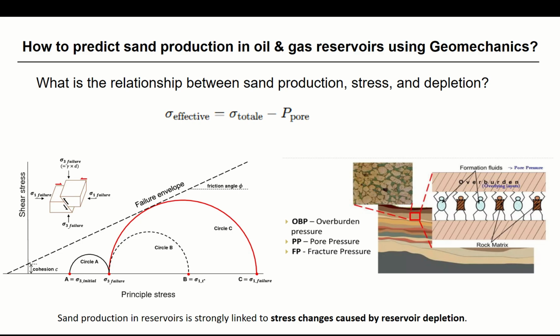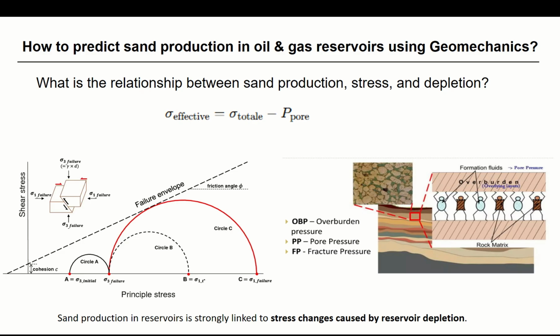In weakly cemented or unconsolidated reservoirs, this stress increase leads to grain rearrangements, which leads by itself to microfracturing and loss of cementation, progressively weakening the rock.